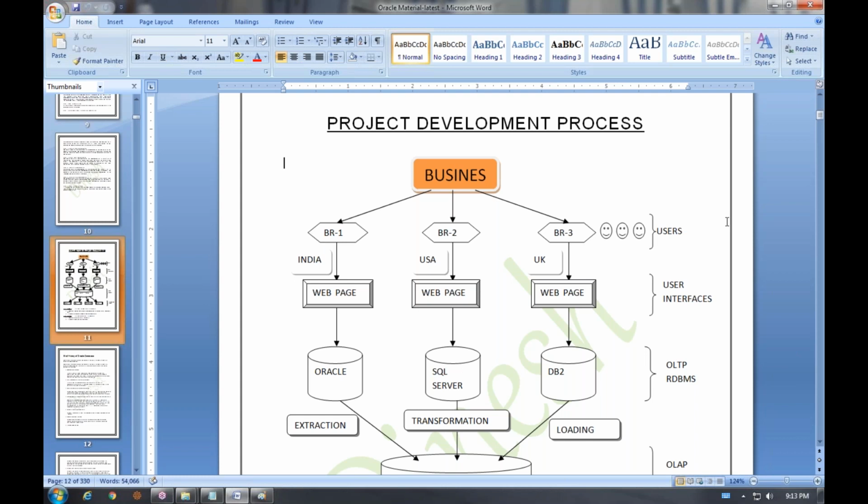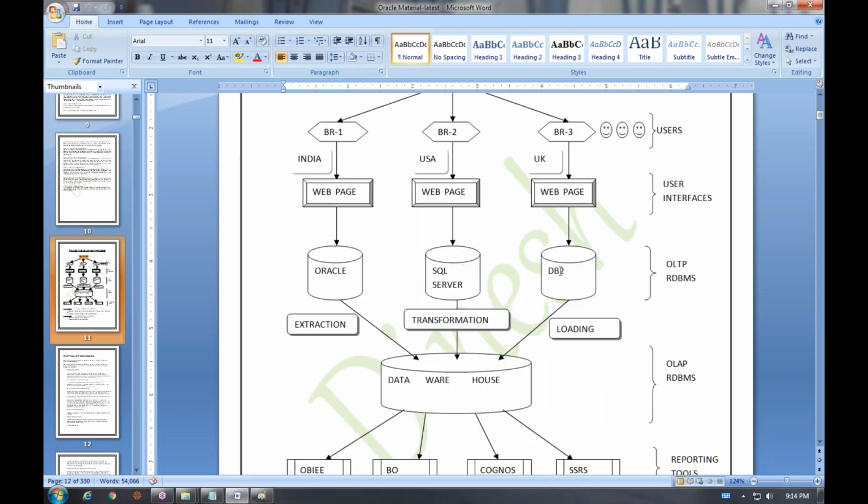From each branch, users can access data through web pages. Through web pages, we are accessing data from backend database servers.